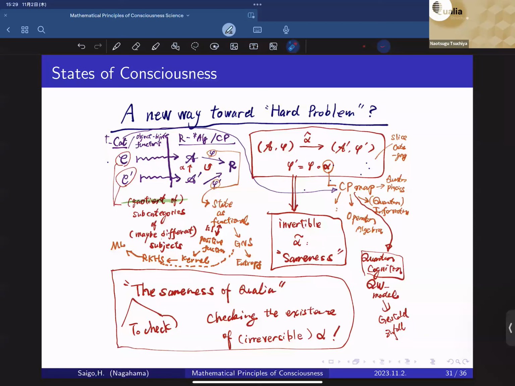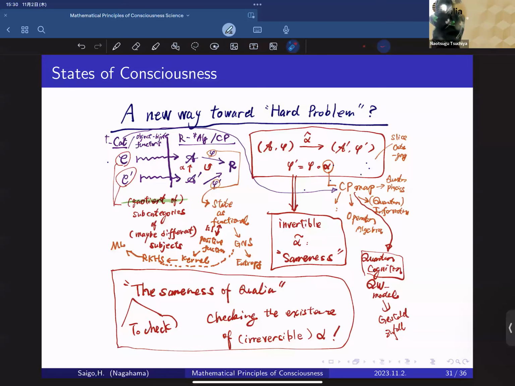The kernel gives a reproducing kernel Hilbert space, and all the mathematical structure of machine learning is derived from that. So the learning structure on the category is possible. I think it is quite possible that our learning also has categorical learning.